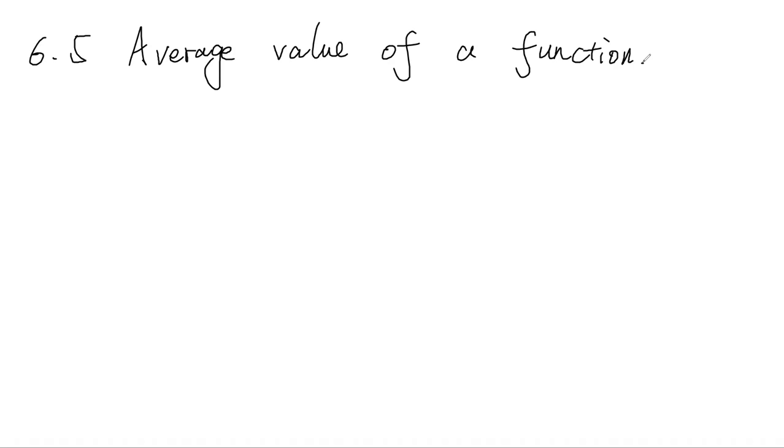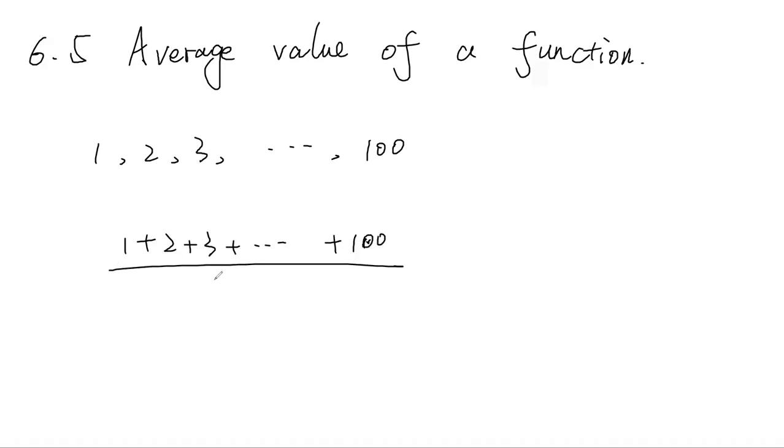If I give you a bunch of finite numbers, for example 1, 2, 3, all the way until 100, to find the average value of these numbers, you would just add all of them, 1 plus 2 plus 3 up to 100, and then divide by the number of terms. And this value, which should be 50.5, we call an average value of these numbers.